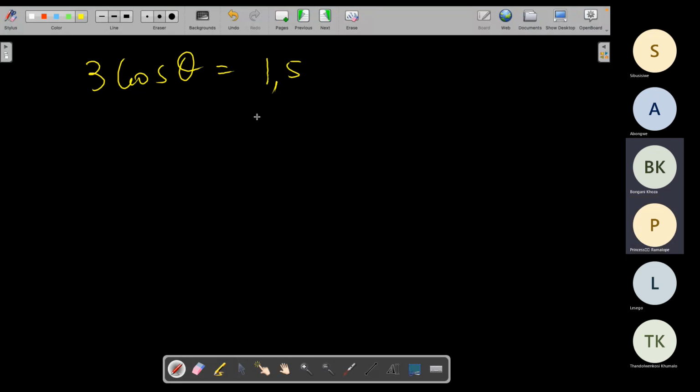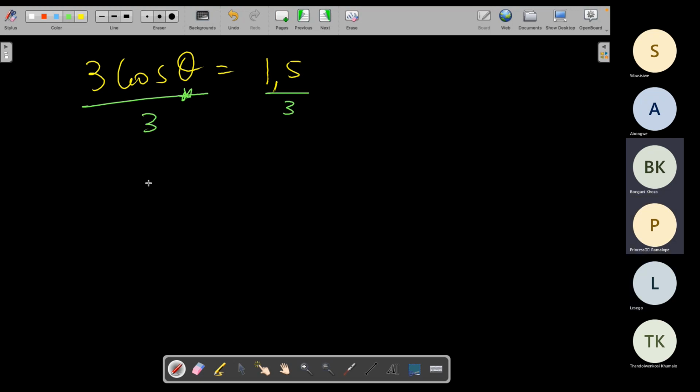So if it was a normal equation, what's the first thing you're supposed to do? What do you wanna do? So how do we get rid of the 3? We're gonna divide by 3 both sides.